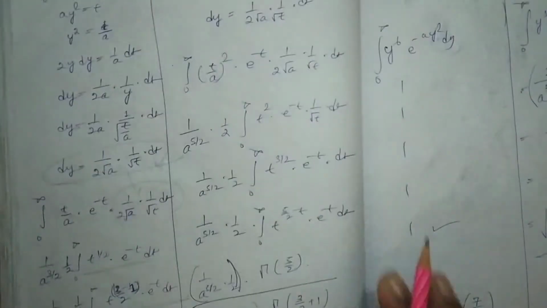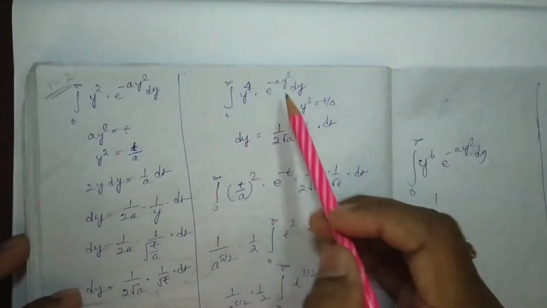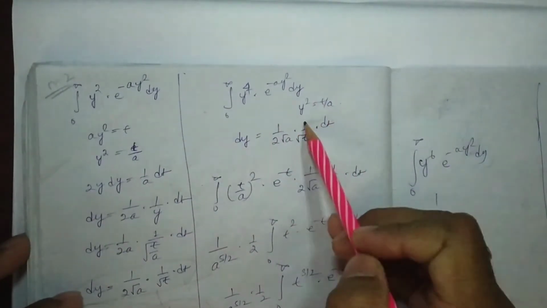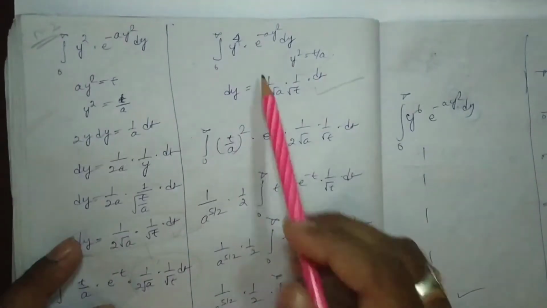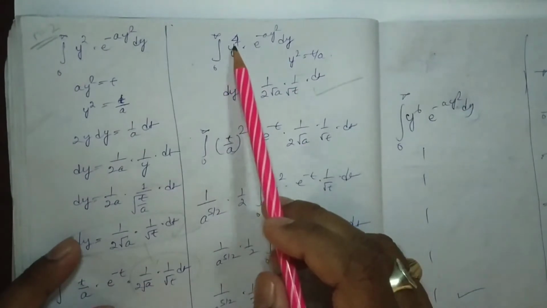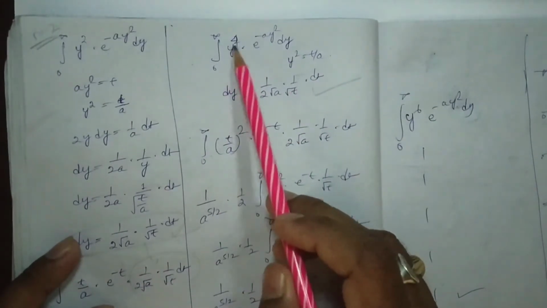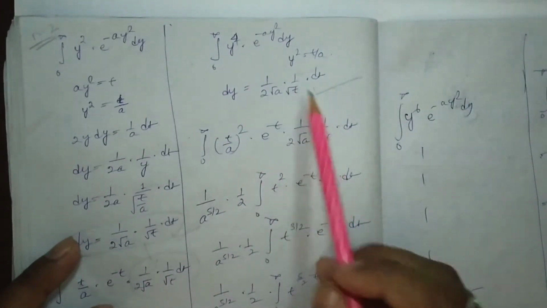First we have to do another term, that is y to the power 4 e to the power minus a y square dy. Here y square is t by a, and dy is this much. So instead of y square we put t by a; y to the power 4 means y square to the power 2, so it will be t by a whole square into e to the power minus t into dy.